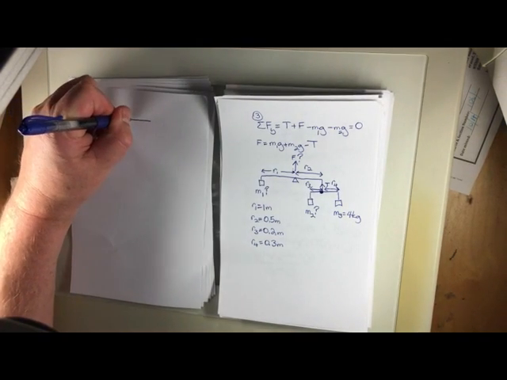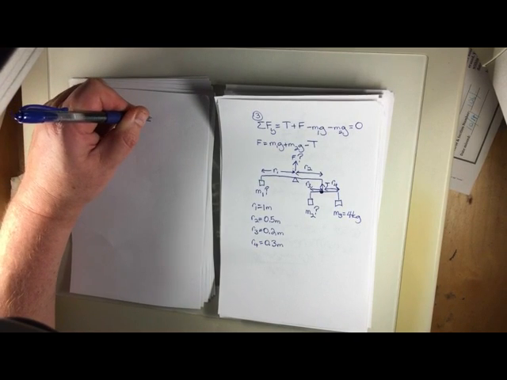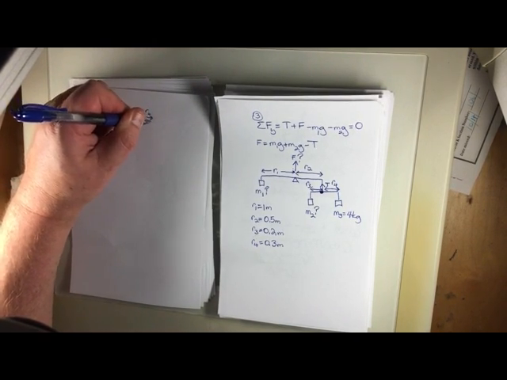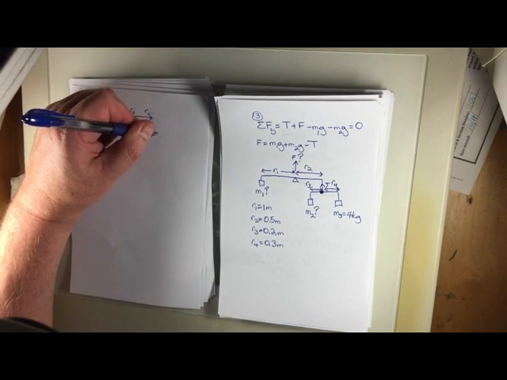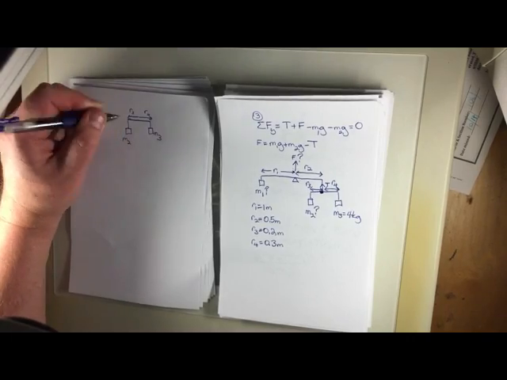So to simplify this, it's almost as if we have another fulcrum, M2 on the left, M3 on the right.